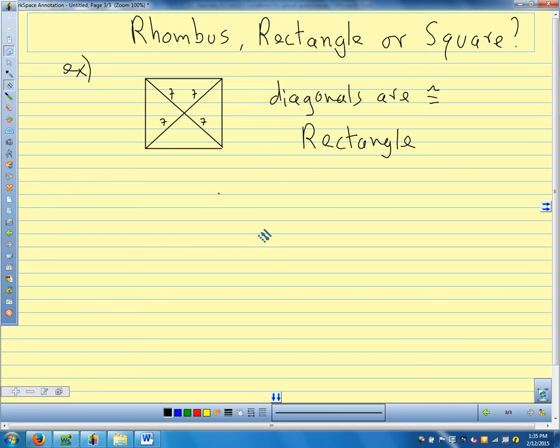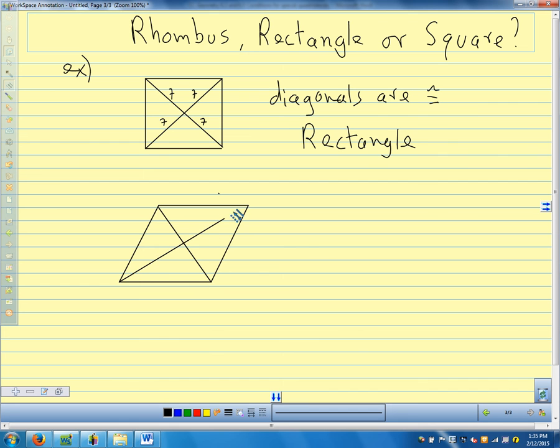All right, let me draw another one. Same question: rectangle, rhombus, or square. Here we go. And I need to say one thing.